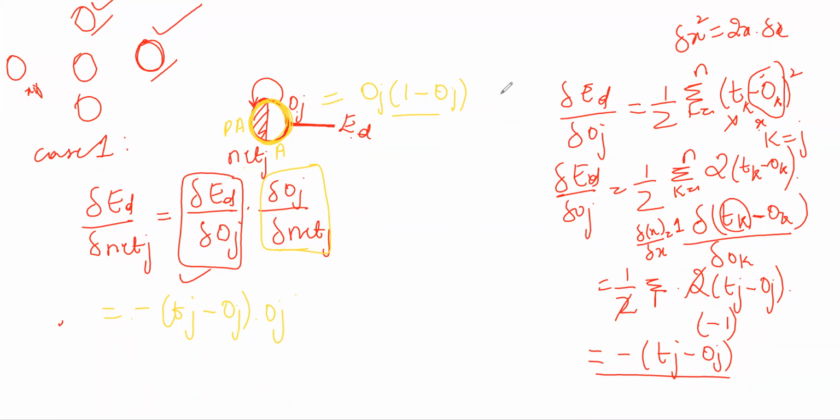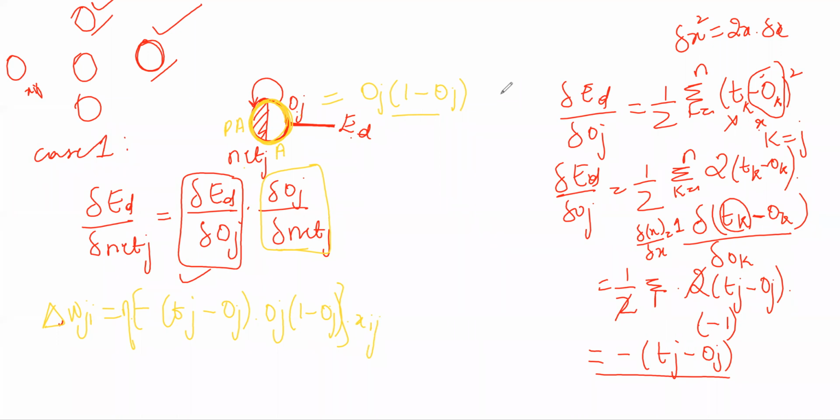So I can write this term as delta Wji equal to the learning rate into all these values into Xij.